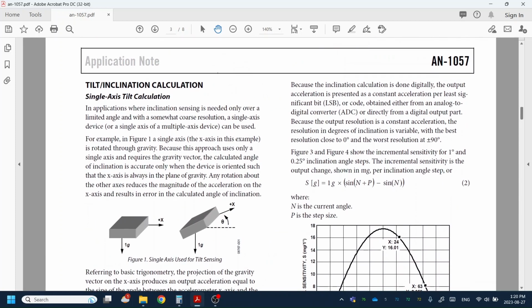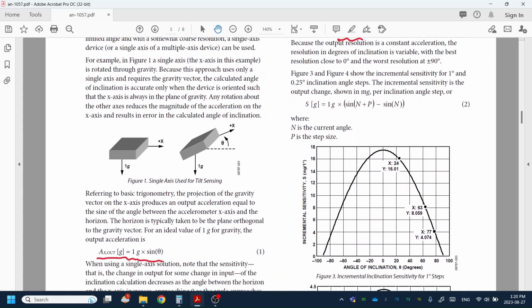Okay, now if we use a digital system to measure the acceleration, you need to know the least significant bit, how many bits your ADC has, and how many bits you can get, and what the smallest bit should be to resolve the angle you want to measure. Okay, that's pretty straightforward here.